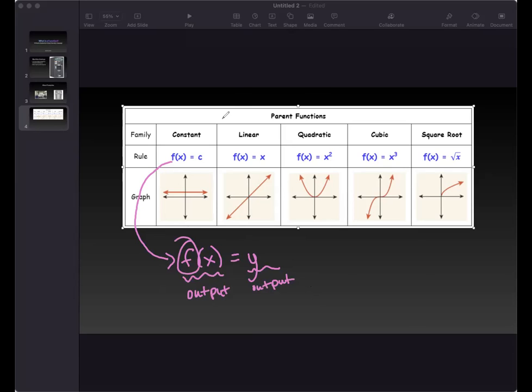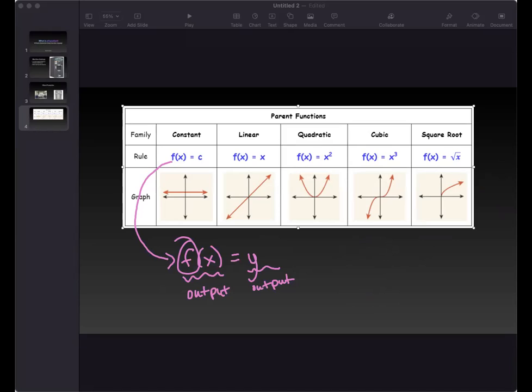We could have a function called h of x or g of x. In the real world, we name our function based on what makes sense. We could have a profit function, so if I was modeling profit, I would do p of x, or a cost function, so I would use c of x. So don't get confused by that notation. f is just the most common because it stands for function.